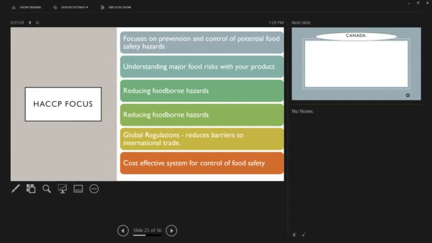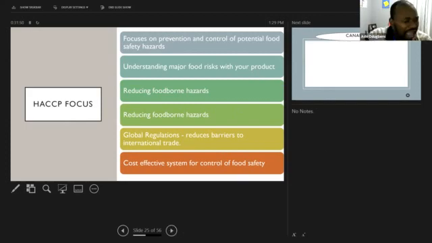So regulations globally are increasing, especially when you look at import and export of product into commerce, that you have to meet international regulations. And having a strong certified HACCP program is one of the ways that you can show a robust food safety program.